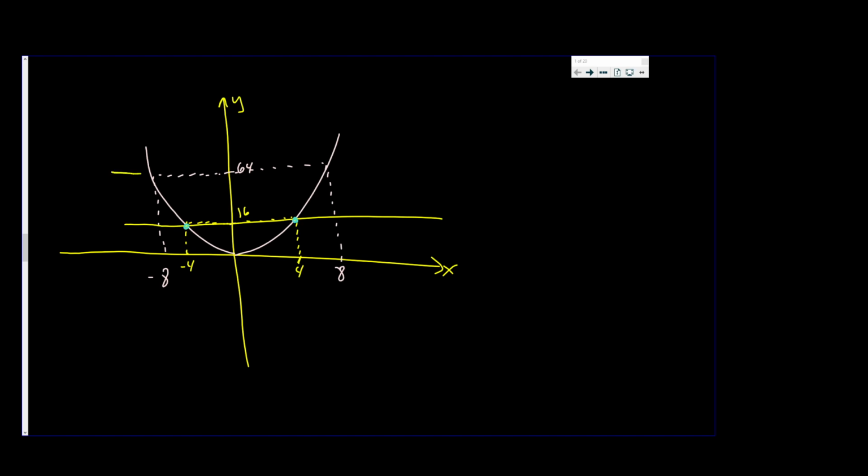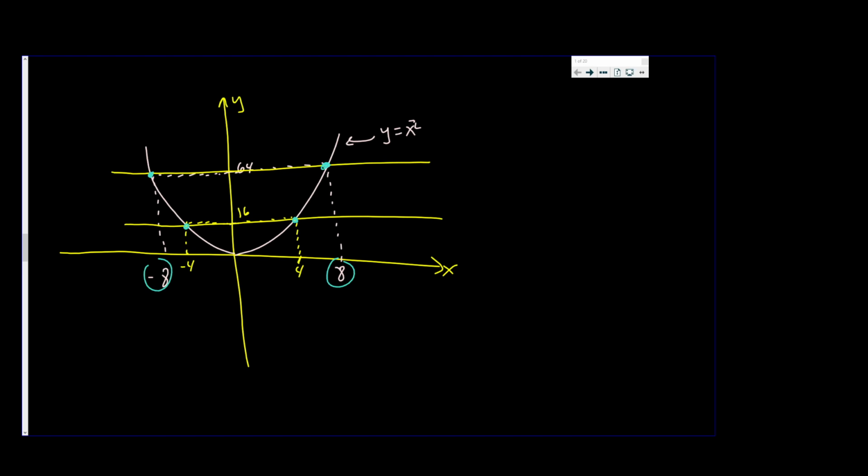This horizontal line at 64 crossed the pink graph, y equals x squared, twice. That's what gave us negative 8 and positive 8. So I can't undo the squaring.